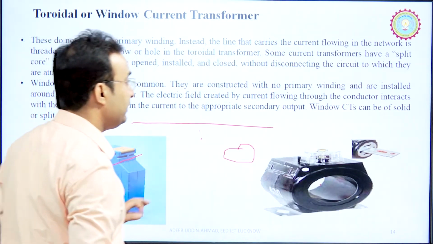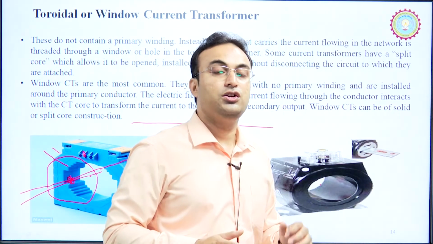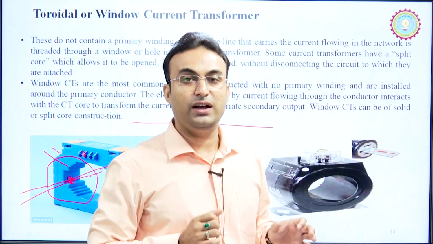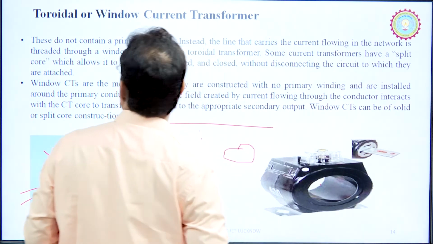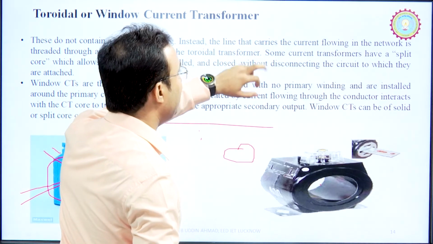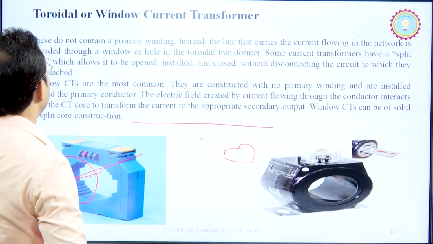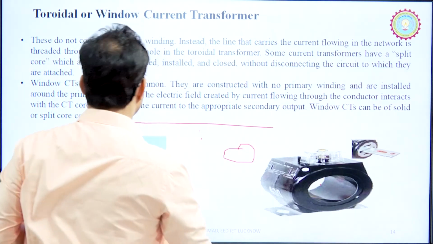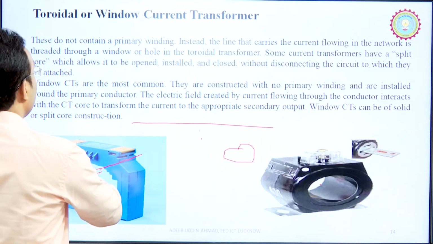The primary is the same as your working line. Your working line will work as a primary. So, it does not contain a primary winding. Instead, the line that carries the current flowing in the network is threaded through a window or hole on the toroidal transformer. So, the primary is flowing through this hole.